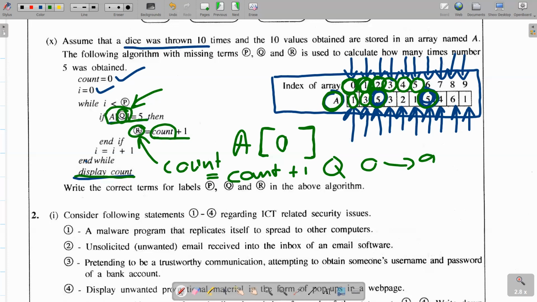Per iteration, I increases by 1. First it checks the zeroth position, then I becomes 1 because I was increasing by 1.